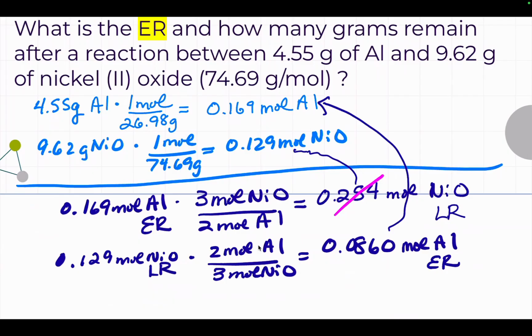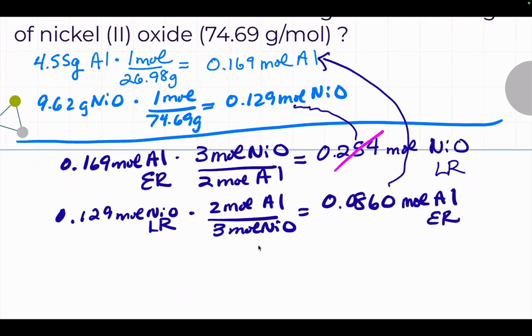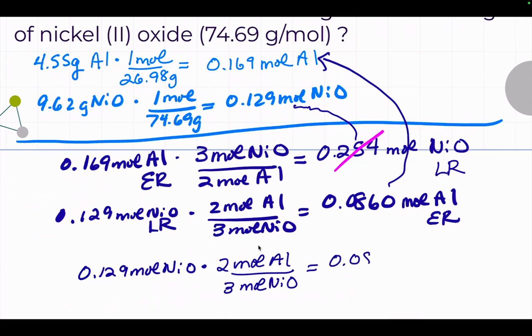So now the question is, what is the excess reactant and how many grams remain? We know that our nickel(II) oxide is our limiting reactant. If we hadn't already, we would want to convert it to the excess reactant. We just happen to have done that up above, but sometimes you will not have done that and you would have to. So that's how much of the excess reactant will actually react.